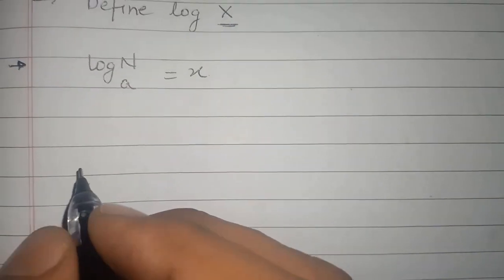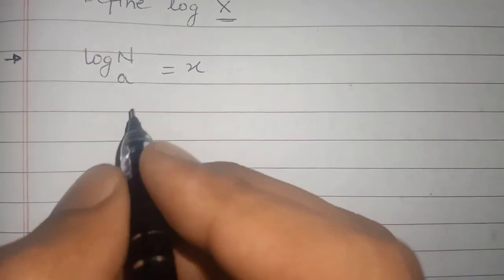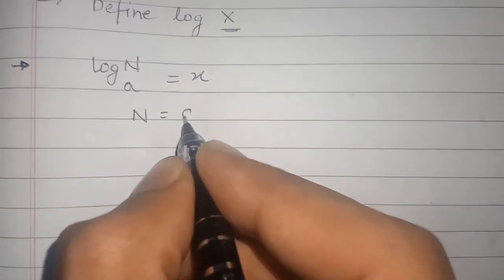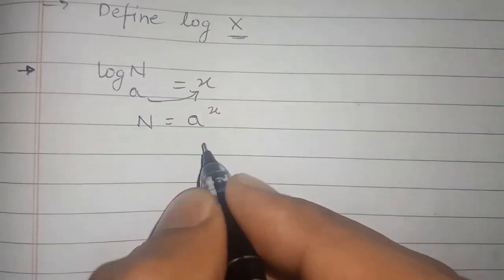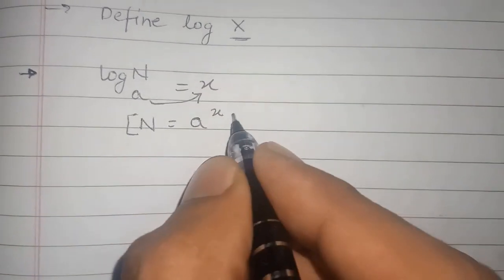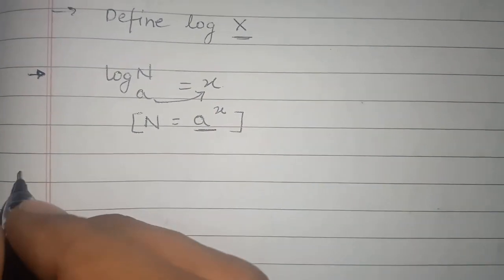Now, basic properties of log. If log n to the base a is equal to x, we can also write it as n equal to a to the power x. We can convert it into exponential form.